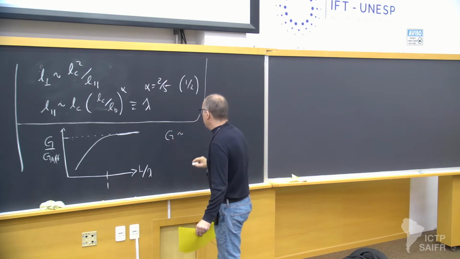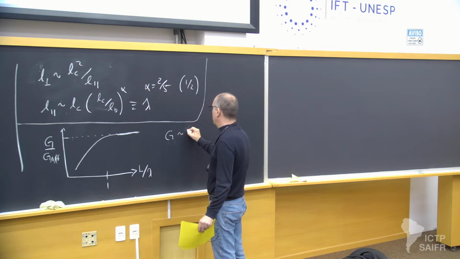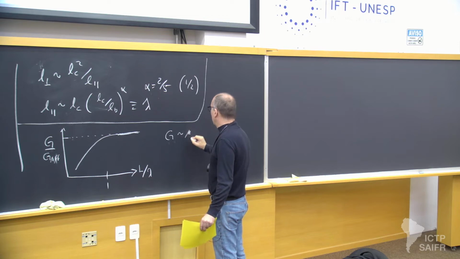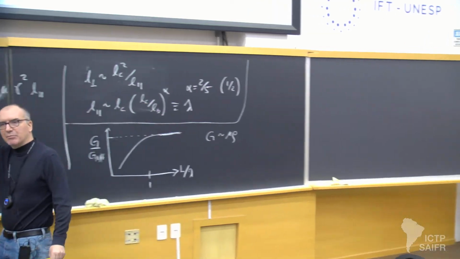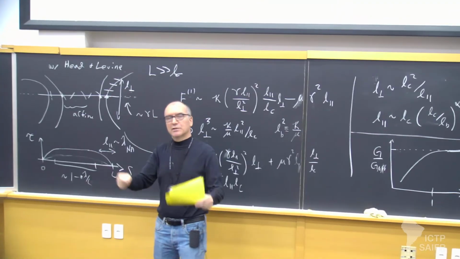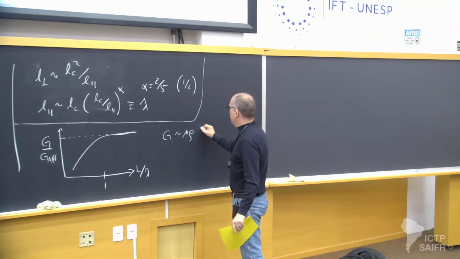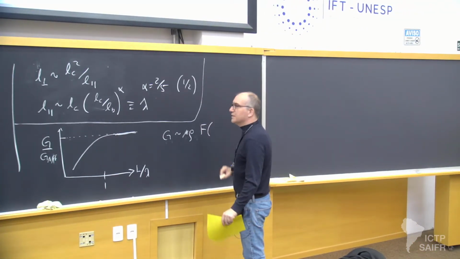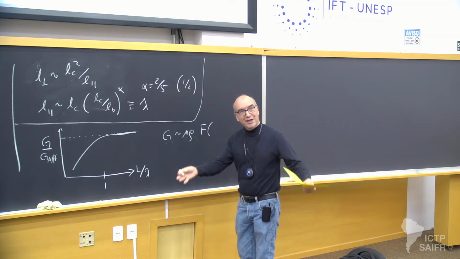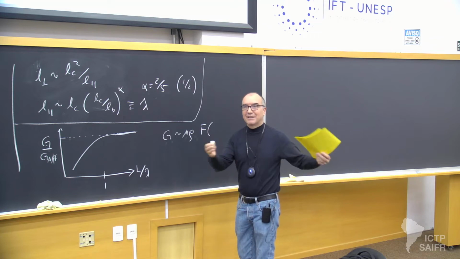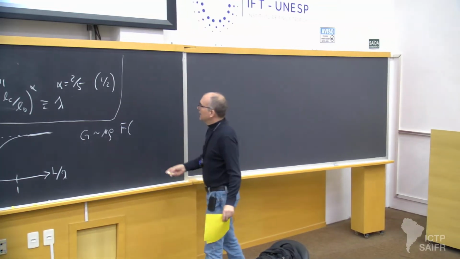So the claim is the modulus, the real modulus, should be, well, mu rho is the way I prefer to write that affine modulus, right? Stretch modulus times length per volume times some scaling function, like you've seen in critical phenomena, and the kind of thing Jim Sethna was talking about, right?